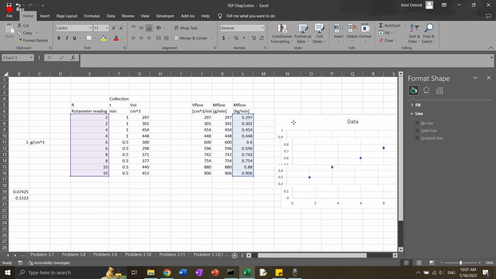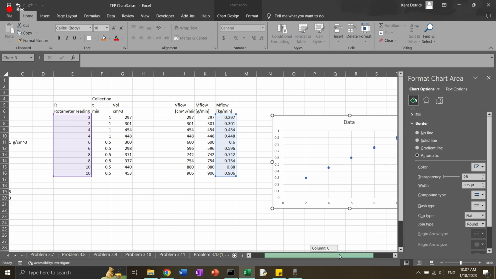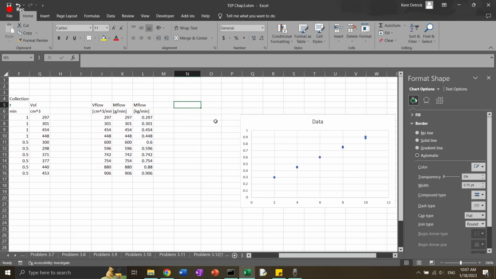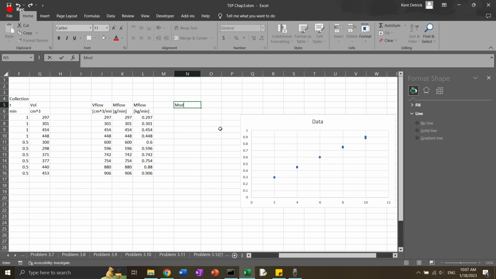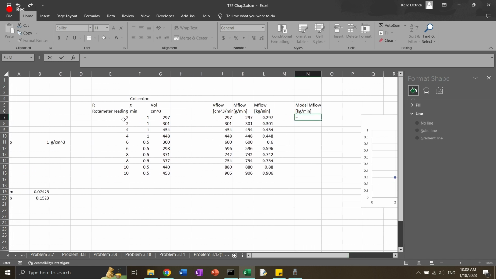Okay, so now we have our data here, so let's make a model, and that's in kilograms per minute. Okay, and our model is equal to x times the slope plus the intercept.